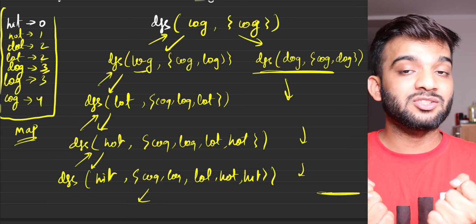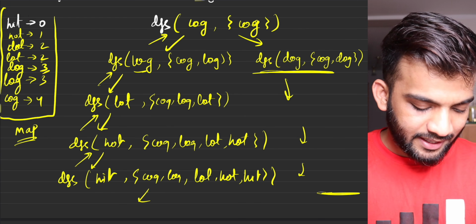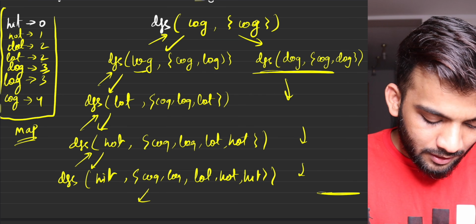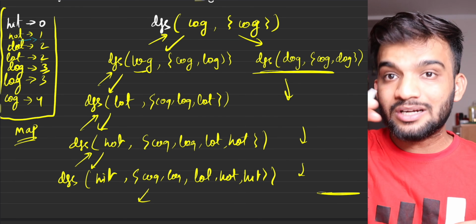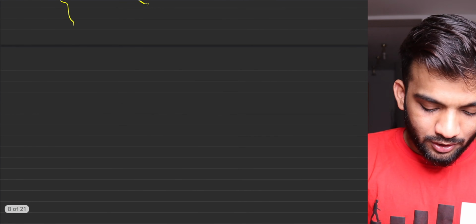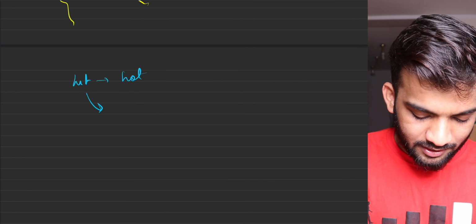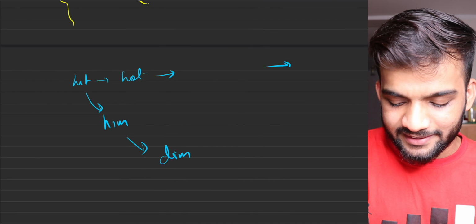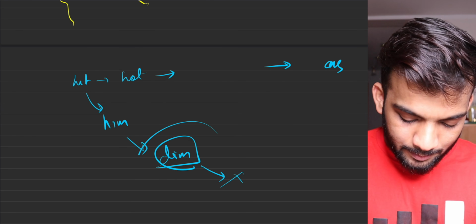I hope that makes sense, because over here you see a lot of things like hit goes to hot. In a lot of examples, there might be a lot of other words in the level which will not lead anywhere. Like you might convert hit to hot, and hit to, let's say, him to dim, and then hot goes on and gets the answer. And this dim did not go anywhere. But this will still be in the map.